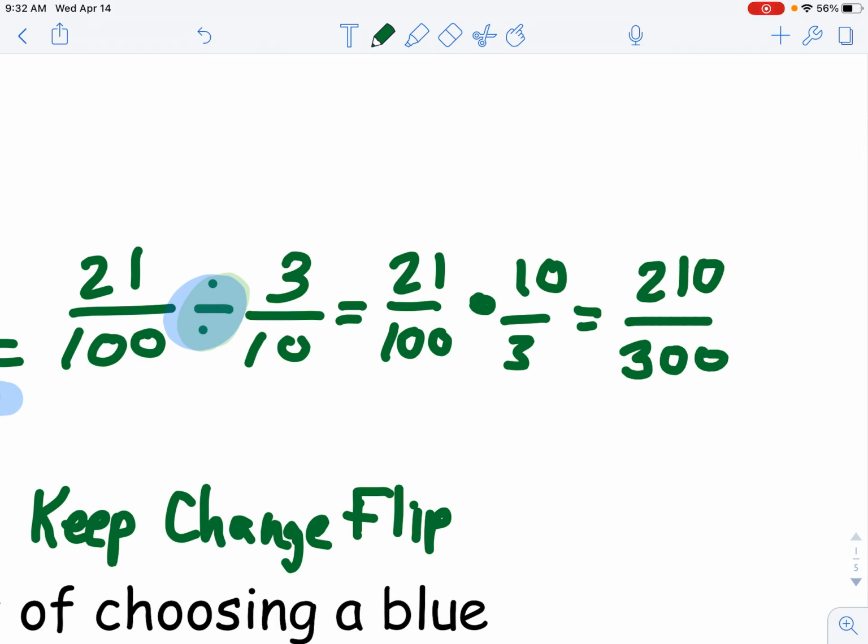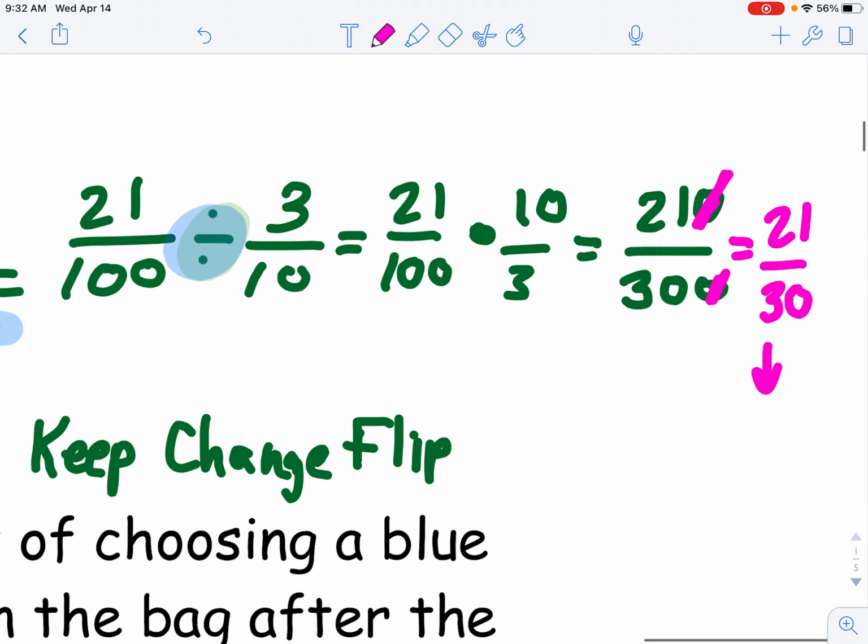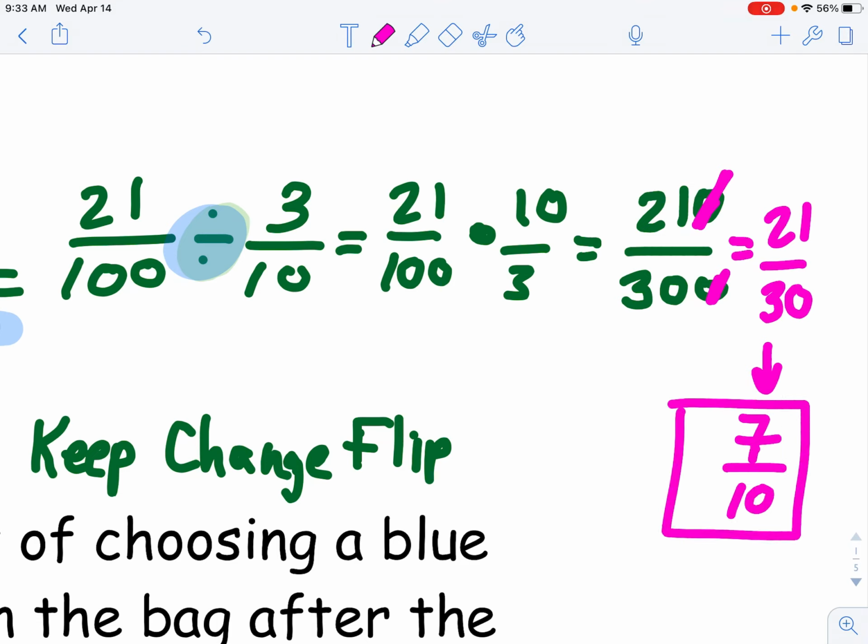Reducing, here's a reduction fact: the zeros at the end go away. So we have 21 over 30. A 3 can be factored out of both of them, so I get 7 over 10. That's the answer.